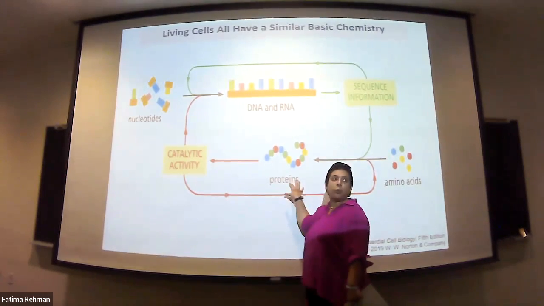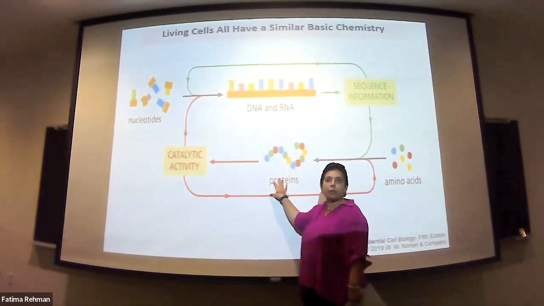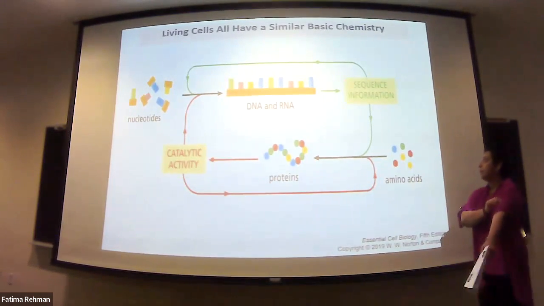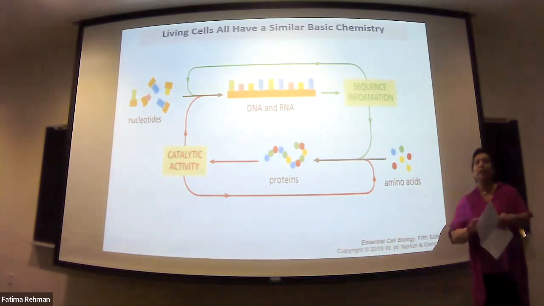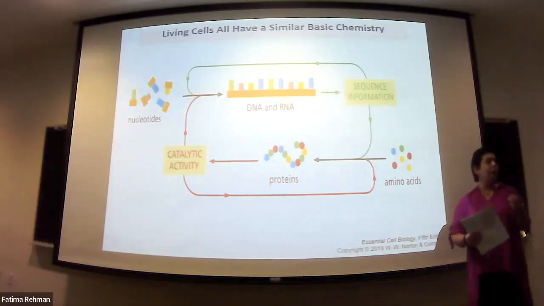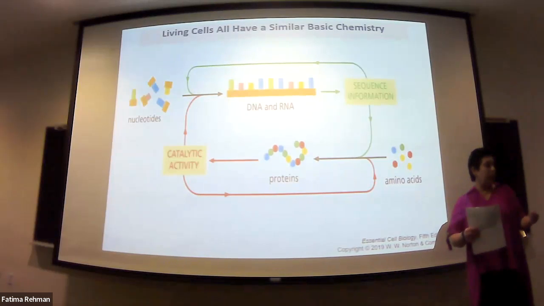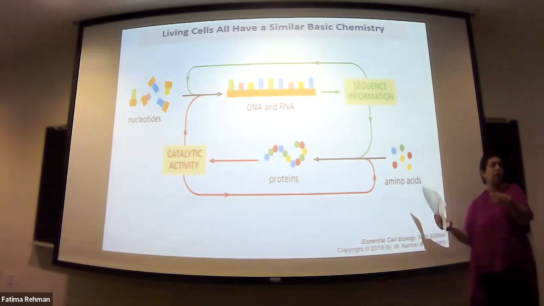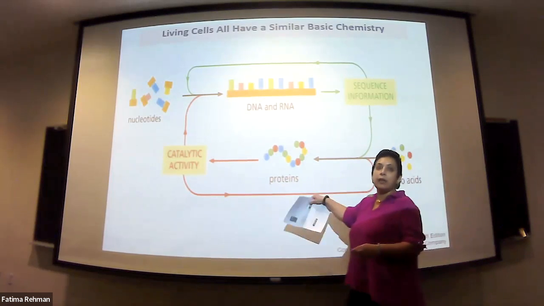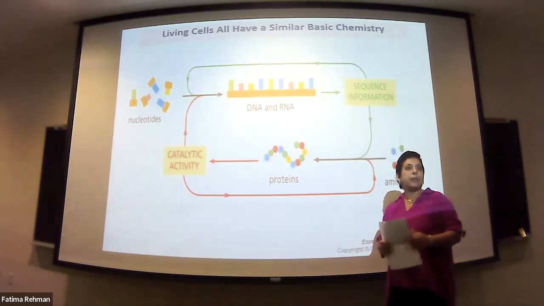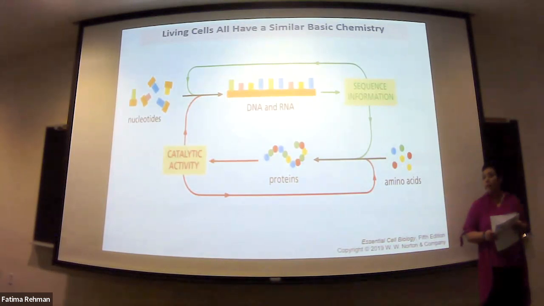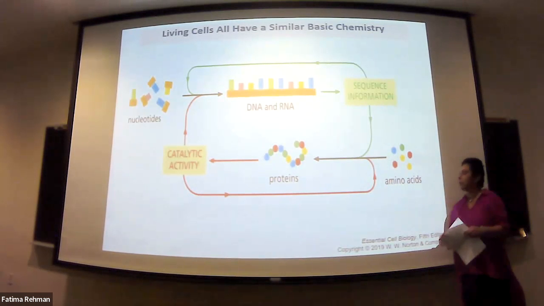And these proteins are your worker bees that are going to be doing all the work that you're going to see. So DNA is typically just an information storage molecule. RNA can have both work capabilities as well as storage and transfer capabilities. But your proteins are your main working structures. They are the ones catalyzing most of the reactions in the body and doing all the work that you see.